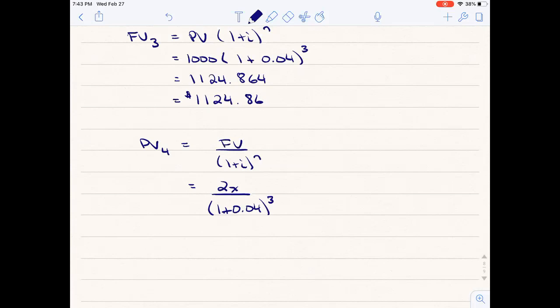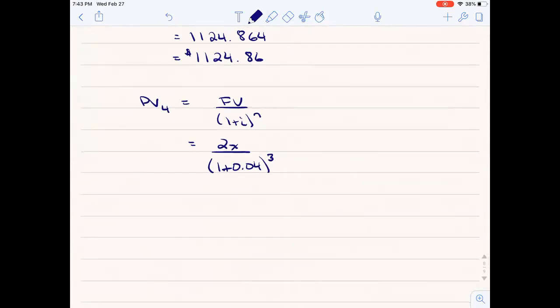And then I'm going to simplify this. I've got 2x divided by 1.124864. But I want to get something times x, so I want to do 2 divided by 1.124864, and then that's going to be times x.